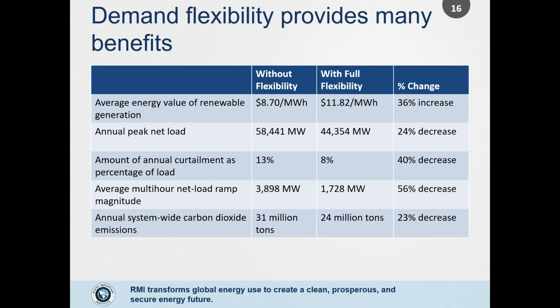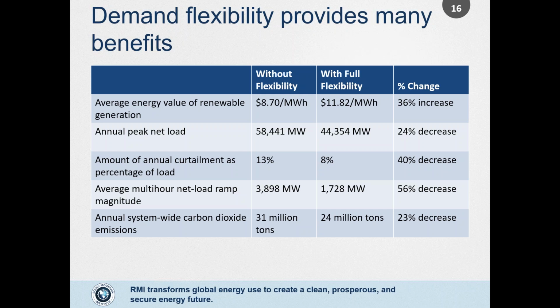And that 20% represents the level of inflexible energy on the system. And so we found that curtailment was reduced by 40% as a percentage of load, and in whole terms, it also reduces net peak by 24%, and that ramping then decreases by 56%.